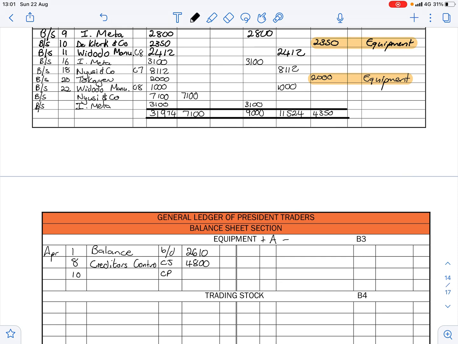From our CPJ, we've bought equipment for cash for 2,350 Rand on the 10th with our contra account bank, because money has come out of our bank account and we've actually paid cash for this. And then again on the 20th, for cash from the CPJ, we bought another 2,000 Rand worth of equipment. Alright, so there are no more lines, we can't total there.